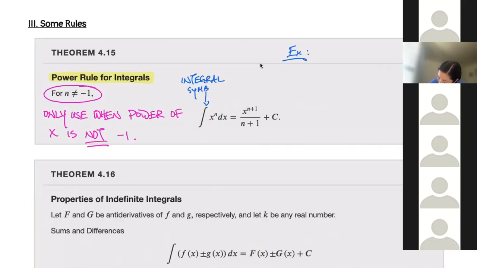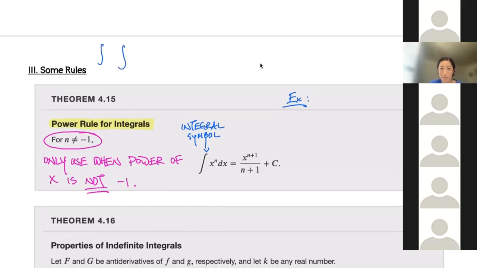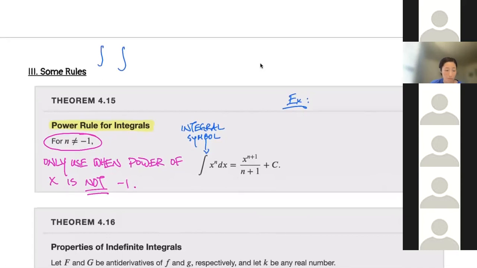It kind of looks like an F, but without that middle line. So it might be fun to practice writing some of those. You can do it kind of like this or like this. Okay, and that's the integral symbol.